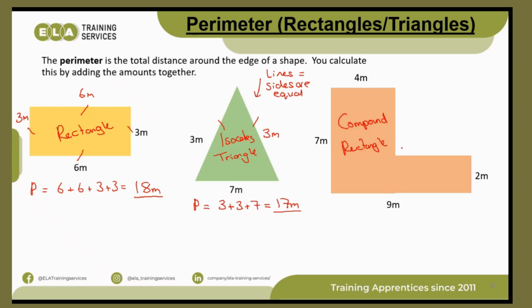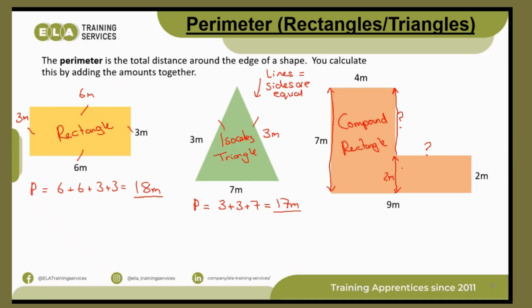And then finally, we have a compound rectangle, but as you can see, we have sides that are missing. Now, to work out these missing sides, you need to look at the side that is in the same direction. So here, we know that all the way down is 7 meters, but we know from here to here is 2 meters.